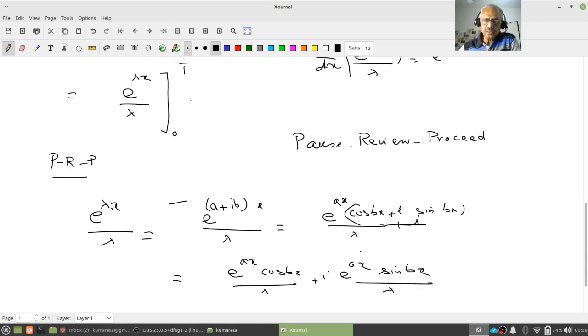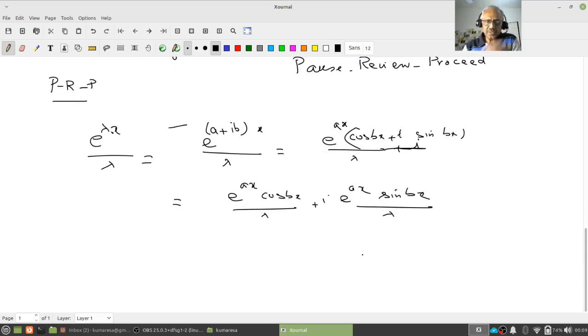Now notice that this is where you must be alert. If you think this is the real part, that's wrong, because lambda is a complex number. Therefore I should know what is 1 by lambda, and similarly here 1 by lambda. You can see this is simply complex arithmetic. I hope all of you know how to work with the algebra of complex numbers, basic properties etc., so I did not spend time on that.